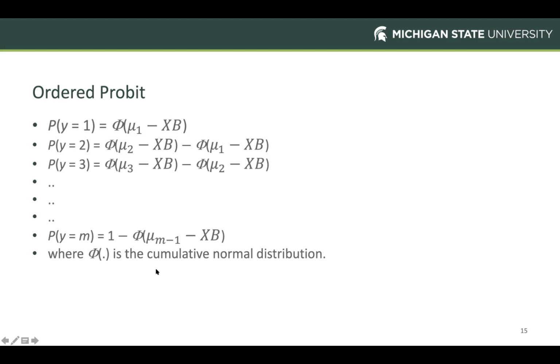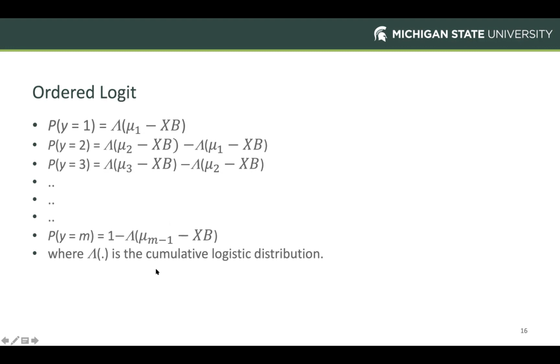Or in the alternate case, the ordered logit model results when we assume that those data follow the cumulative logistic distribution function. In this case, we're just taking the exponential of this quantity divided by 1 plus the exponential of that quantity, okay? And that's how that cumulative logistic distribution function is applied, okay?